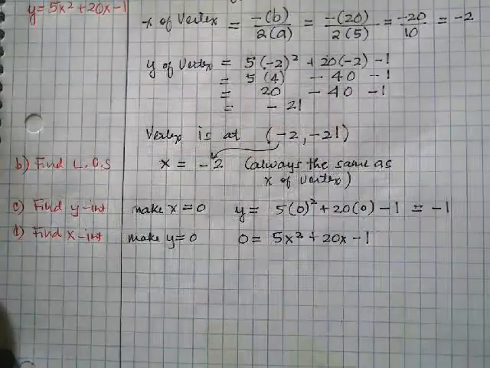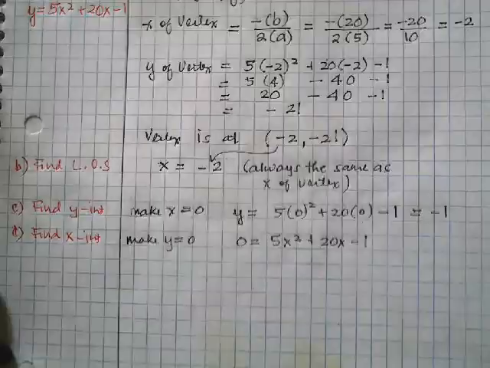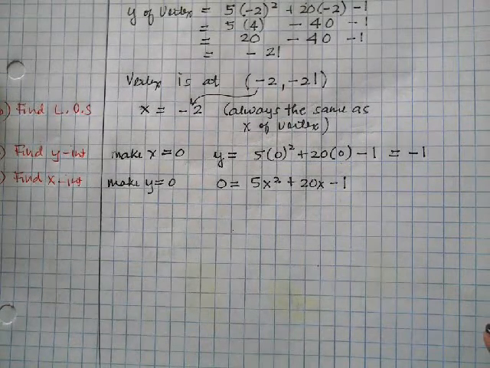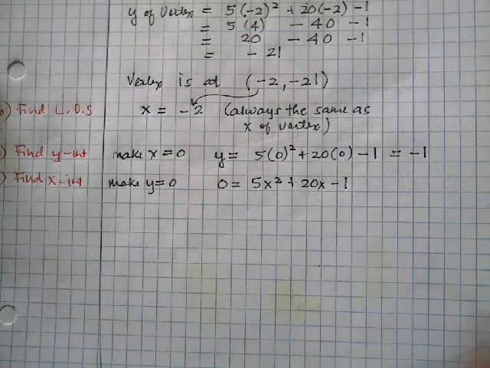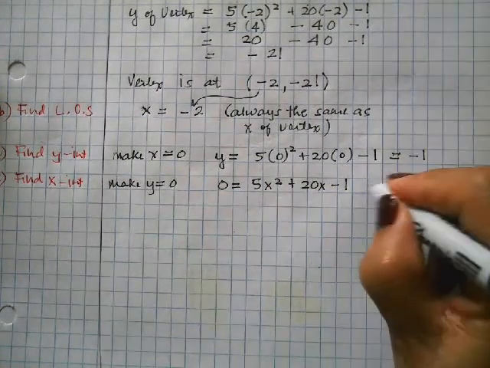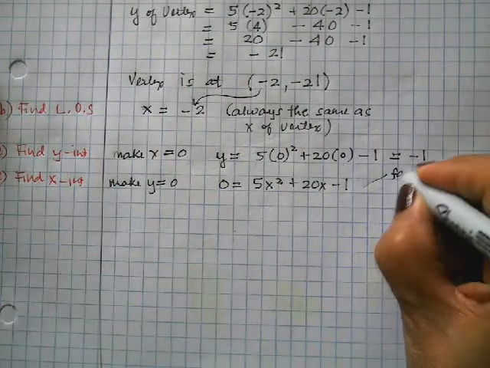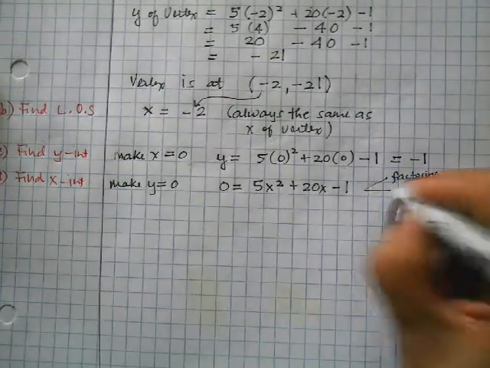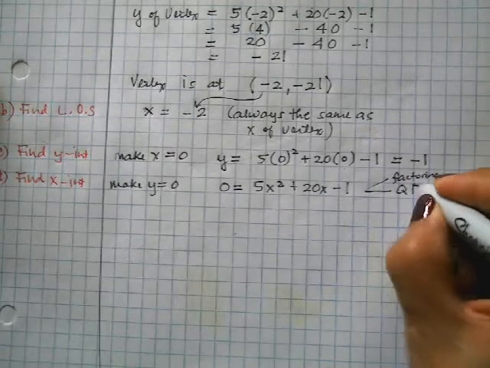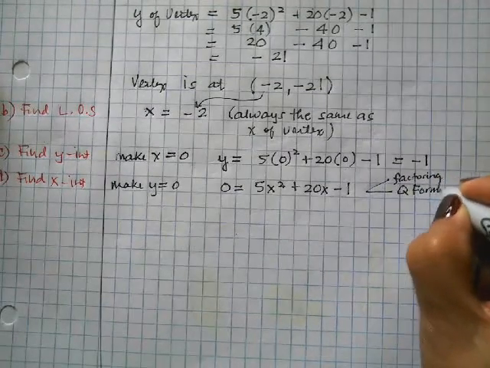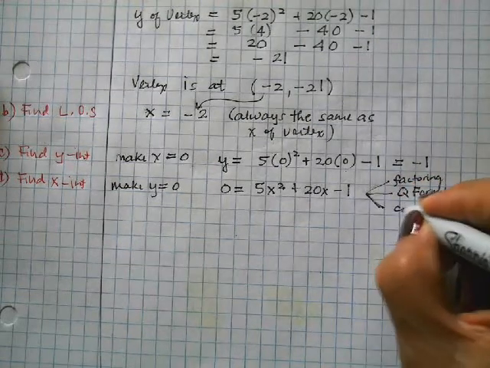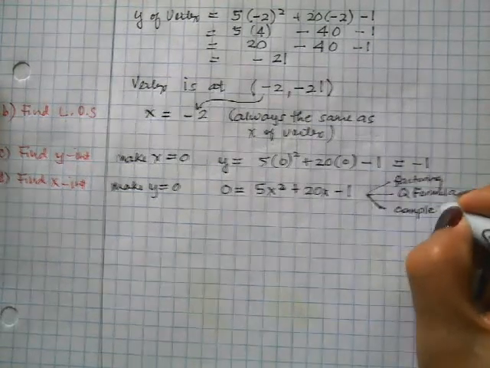So we are now solving a quadratic equation, and you have 3 methods to solve, right? You can try factoring if applicable, you could try the quadratic formula, or you could try completing the square. It's up to you. What is your favorite method?